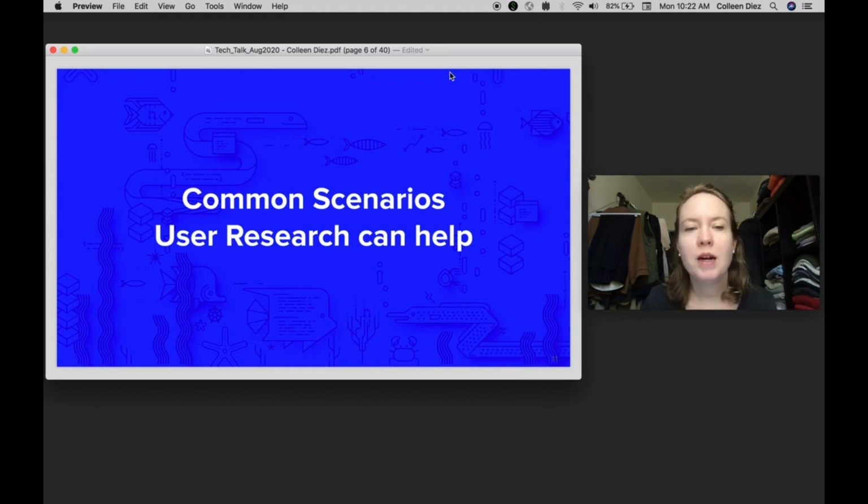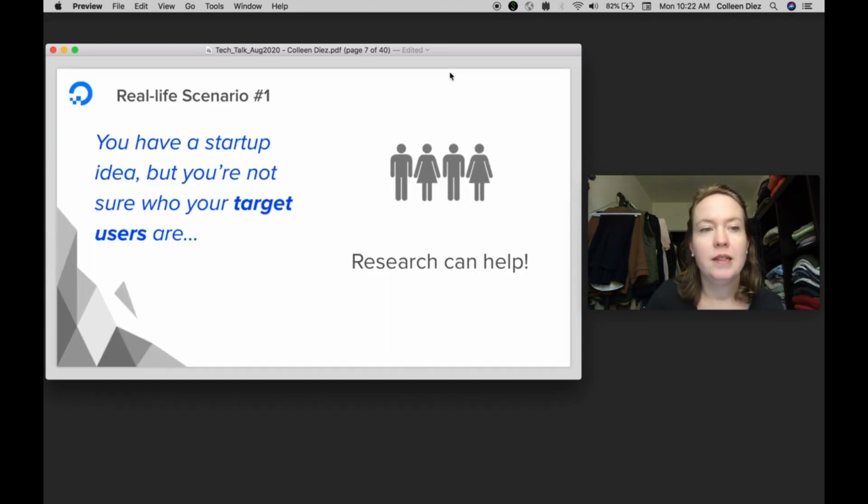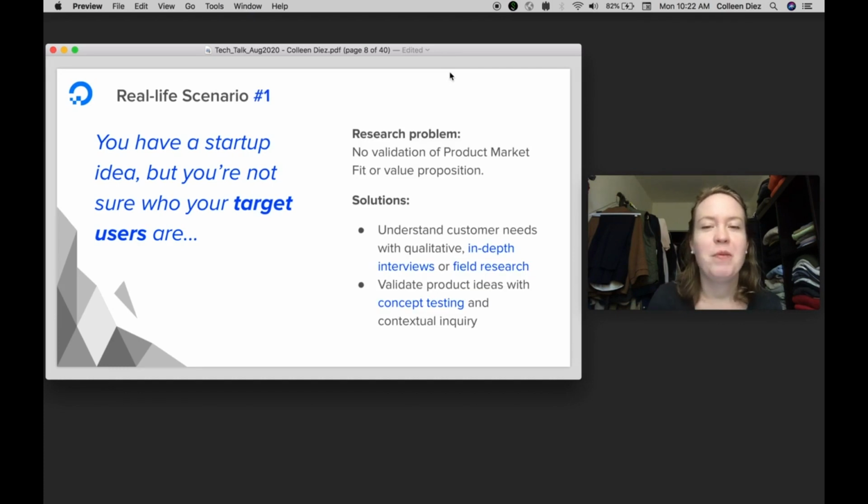So what are some common scenarios where user research can actually help you? Number one, I hear this pretty frequently from folks: you have a startup idea, but you're not sure who your target users are. Research can help with this. The problem from a research perspective is that you haven't yet done any validation of your product market fit or your value prop.